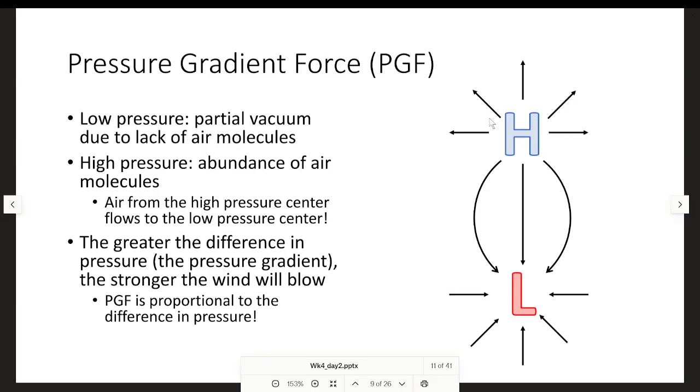So if you have a higher high and a lower low down here, the wind's going to blow super fast. The PGF is proportional to the difference in pressure. That's why in hurricanes the wind moves so fast. The center of a hurricane can have extremely low pressure, in the lower 900s.